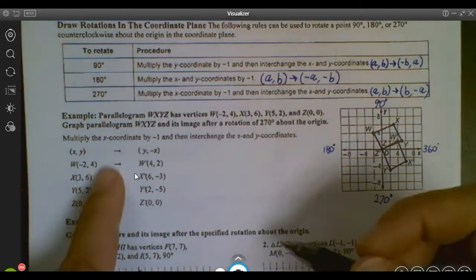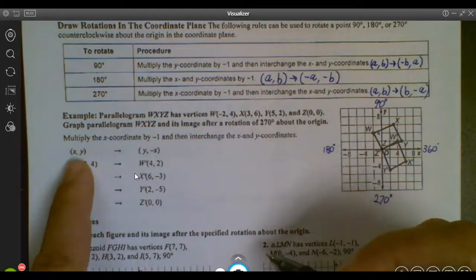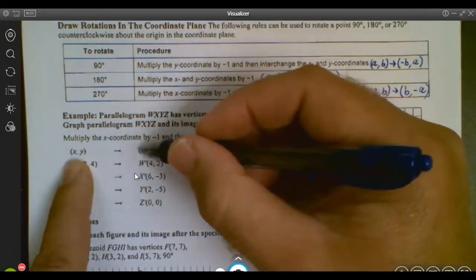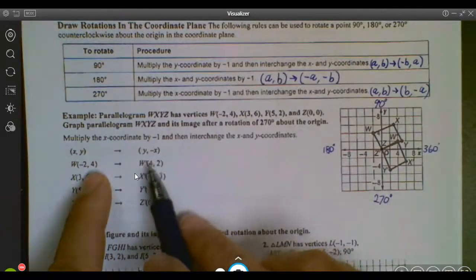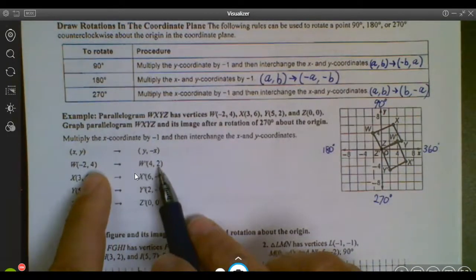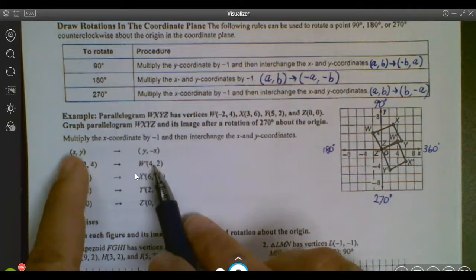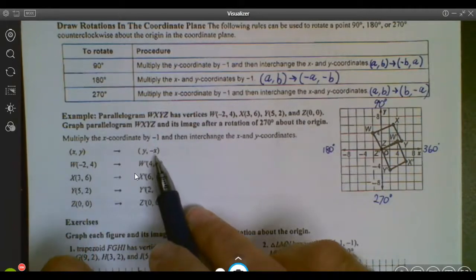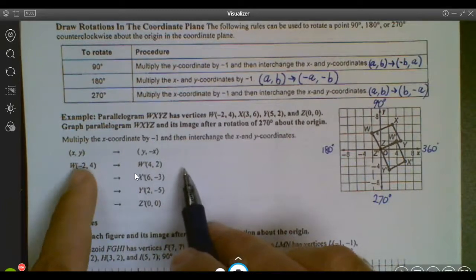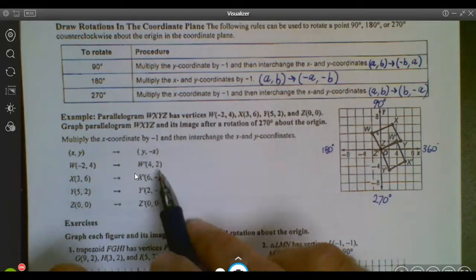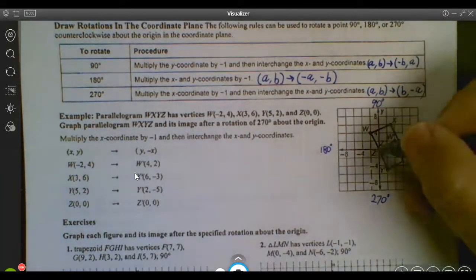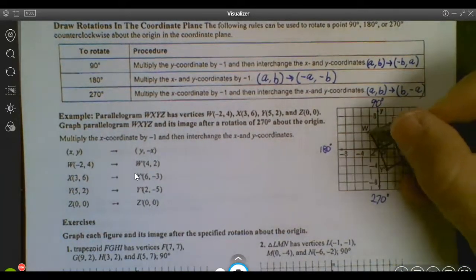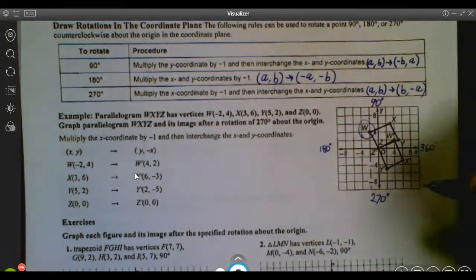So here's what the 270 rule says. It says take your (x, y) points, not only trade places with them, so you see how this was (-2, 4), so they traded places, and what was here, as it moved over into this slot, changed signs. So what was -2 became positive 2. So if you look at the point (-2, 4) where it started, here's (-2, 4), this is where W started.